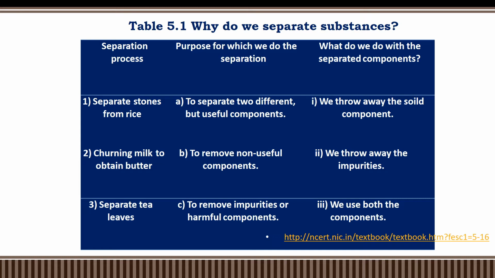Why do we separate substances? From this table, we have the separation process, the purpose for which we separate, and what we do with the separated substances. Number 1. Separate stone from the rice means to separate two different but useful components, or we throw away the solid component.